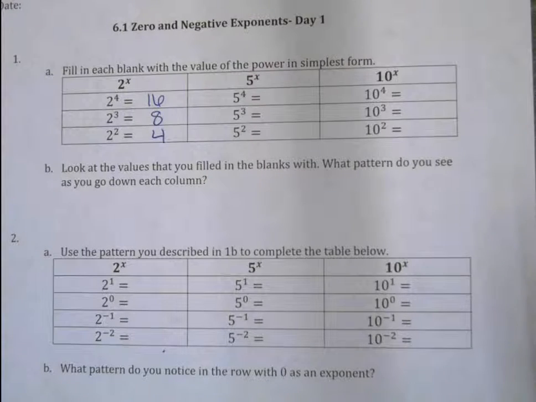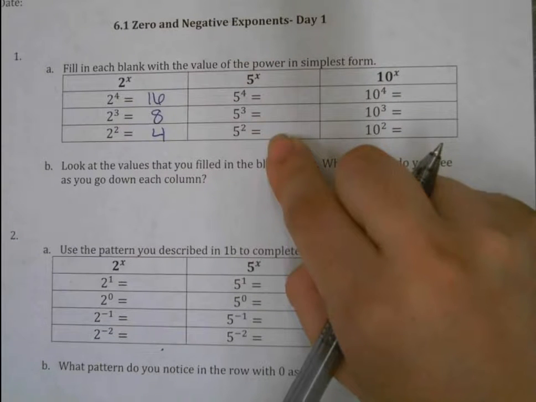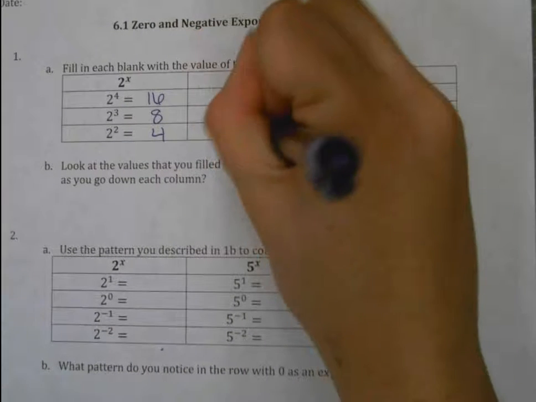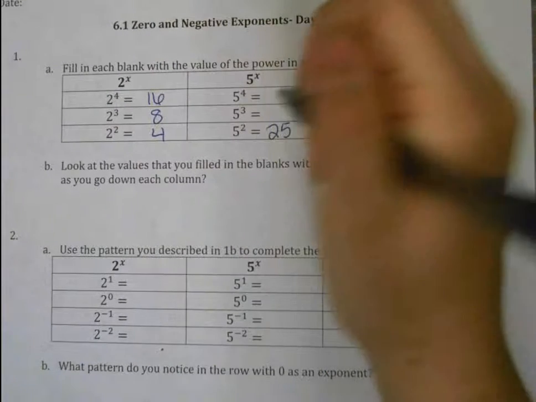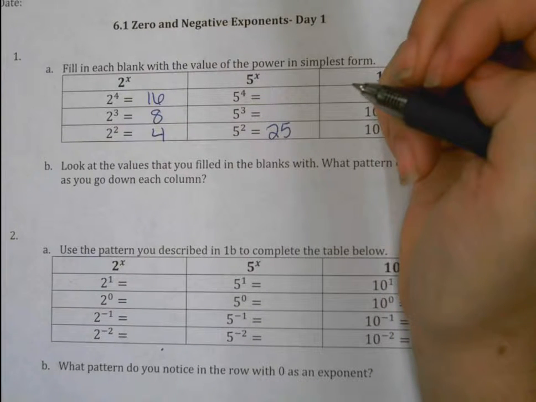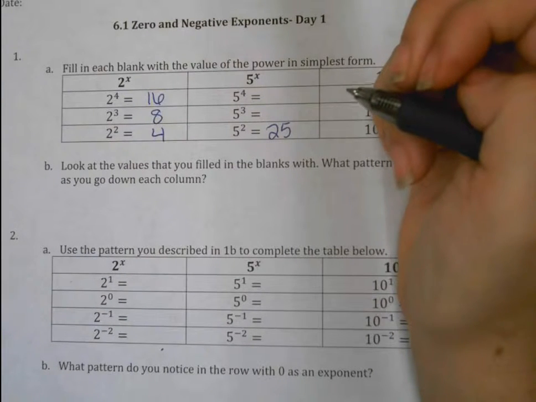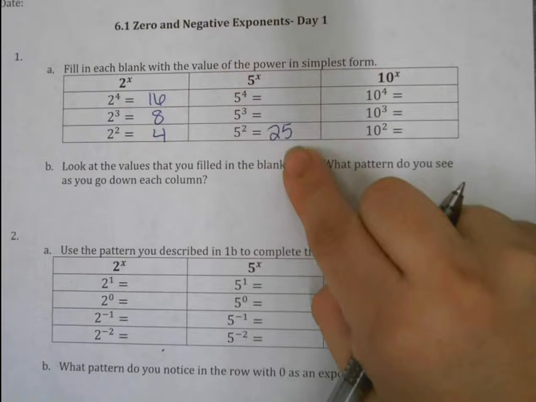Okay. So I'm going to do the same thing for the 5s. I'm going to start with 5 squared and work up. What's 5 squared? 25. 5 cubed? So I'm going to take 25 and times 5 more? 125.